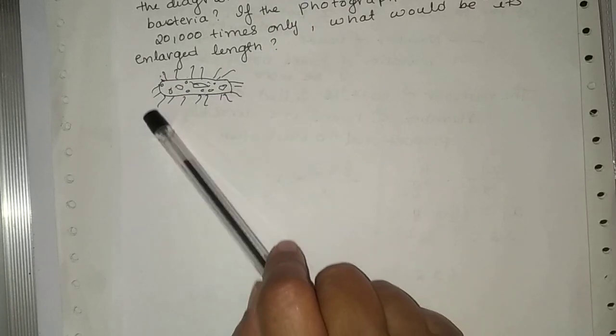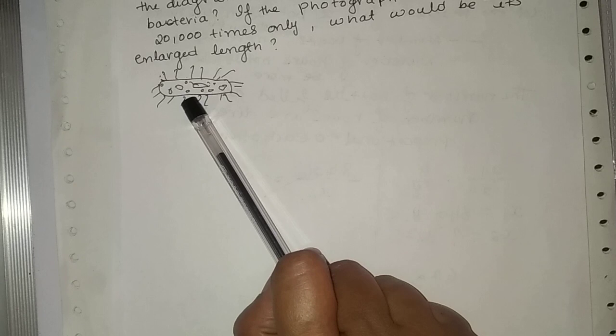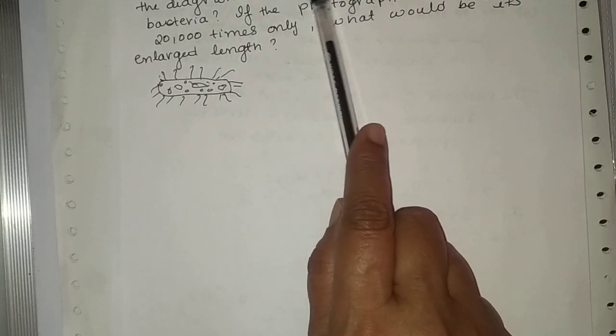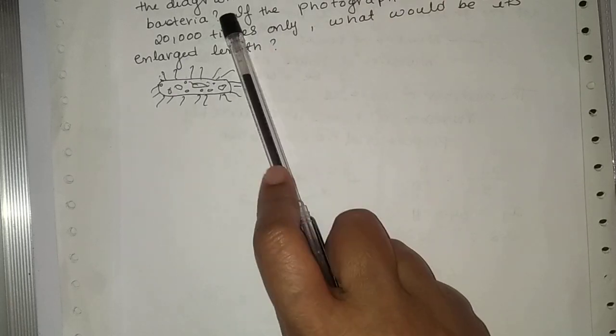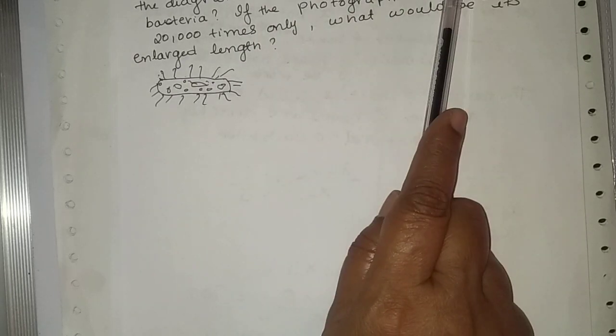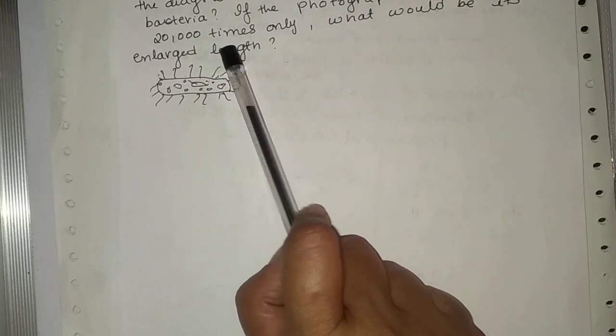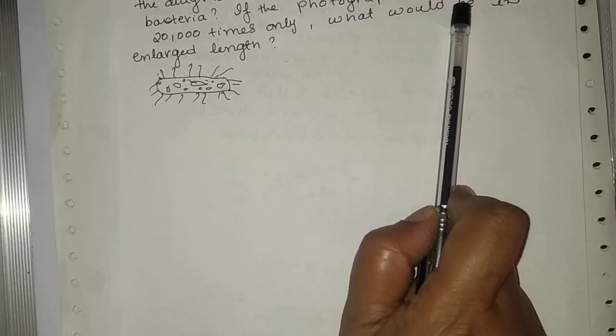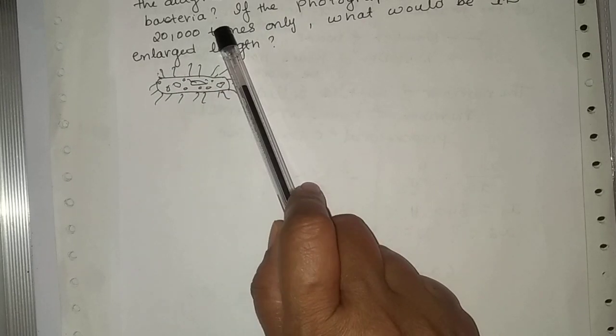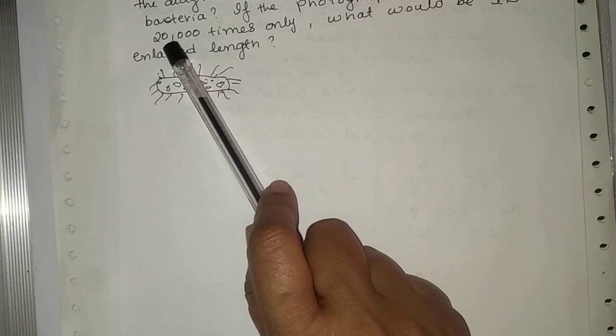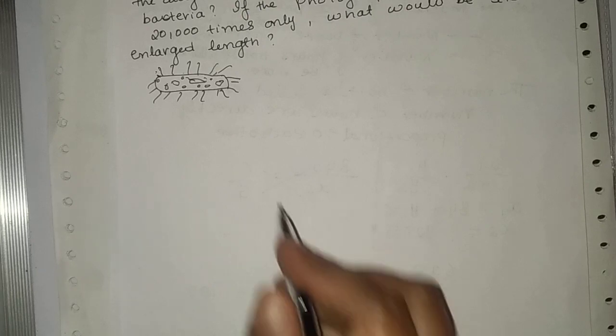So here a bacteria is given. When it is enlarged 50,000 times, it attains a length of 5 centimeters as shown in the diagram. What is the actual length of bacteria? And we have to find out its length if it's enlarged 20,000 times. Same thing as the previous problem.